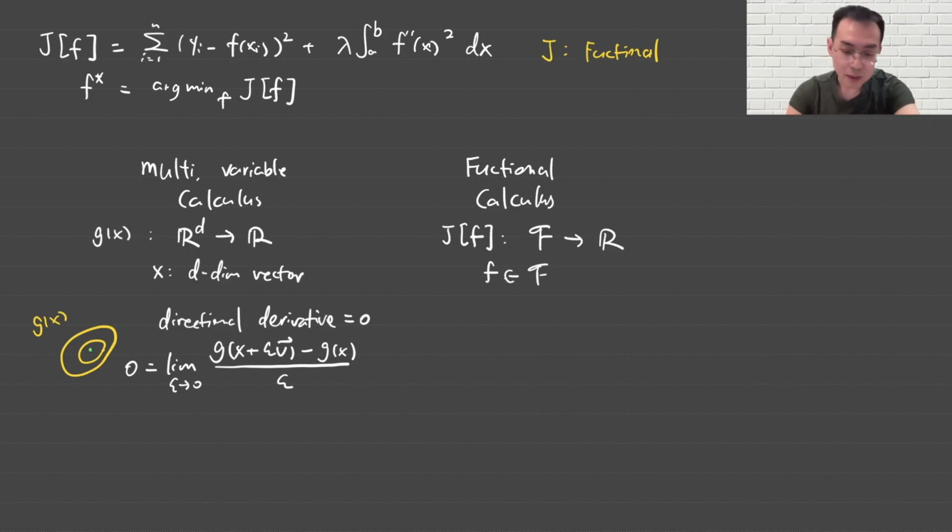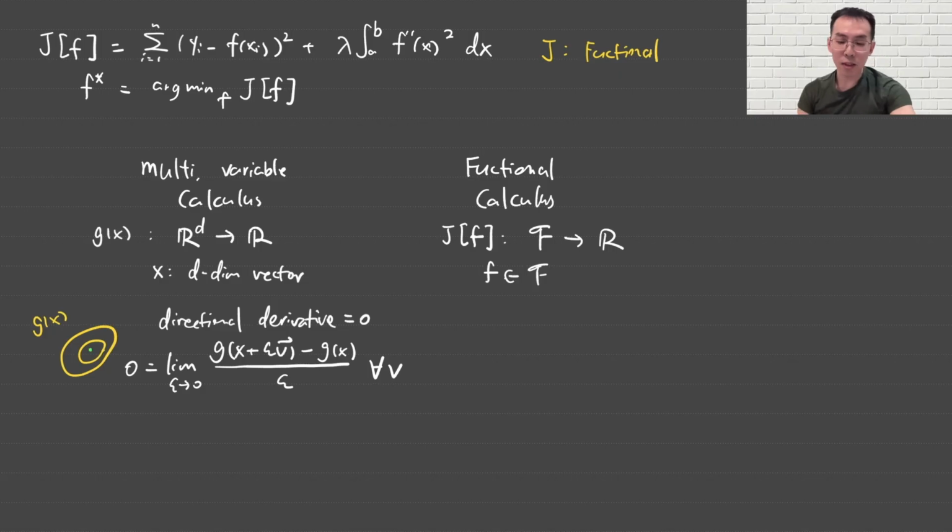What this means is that, imagine we are at this exact position of this little green dot. No matter which direction we go, the function value g does not change. So this must hold true for all vectors v.